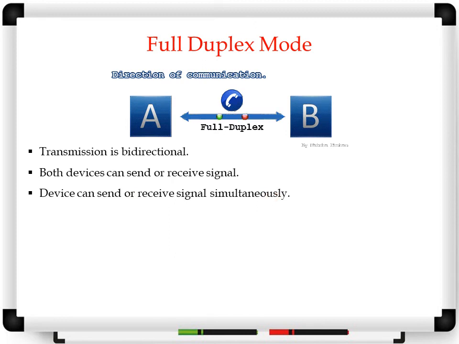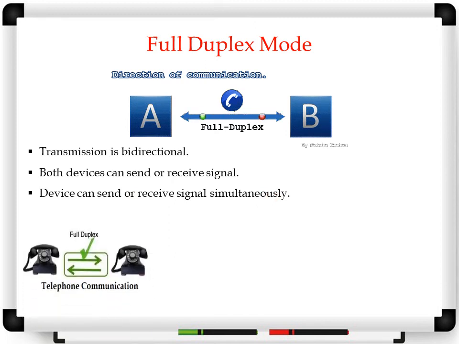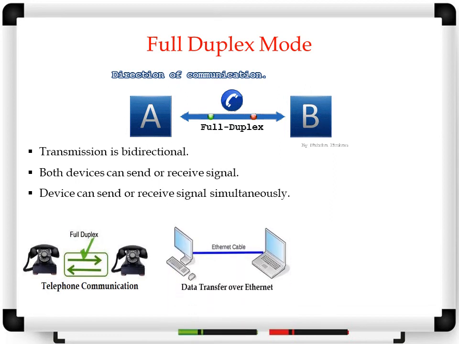Now let us see the examples. The first example is telephone communication. In telephone communication, both telephone operators can send and receive the signal simultaneously. Second application, data transfer between two PCs over Ethernet.